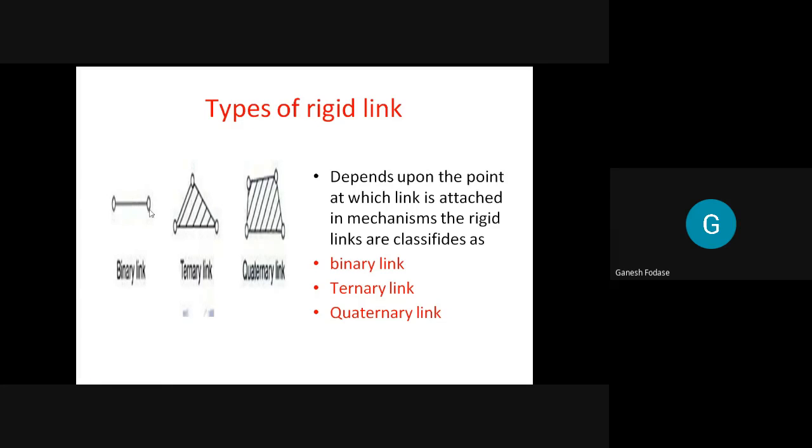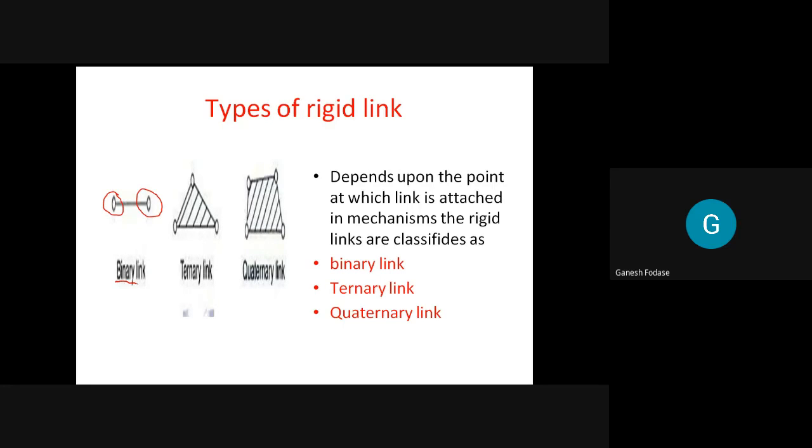Here, this link has two connections. It means I can connect this link to another link at two points. Let's say here is one connection for attachment to another link, and this is another connection. As this link has two connections at which I can connect it to other links, this link is called a binary link.